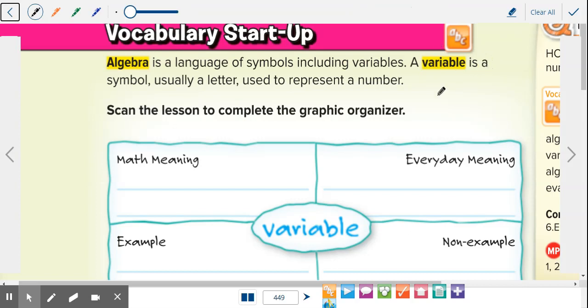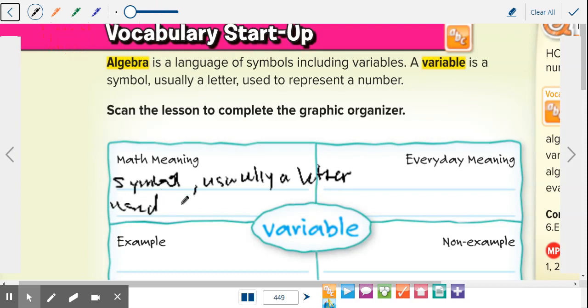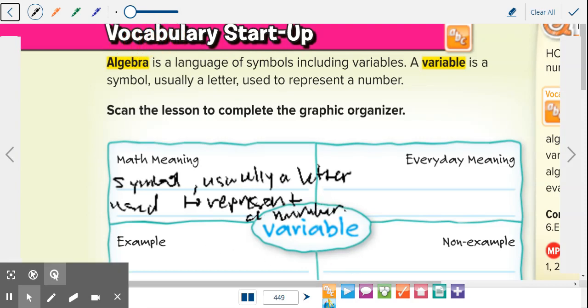So a variable is a symbol, usually a letter, used to represent a number. My handwriting's terrible with this. So it's a symbol, usually a letter, that represents a number.